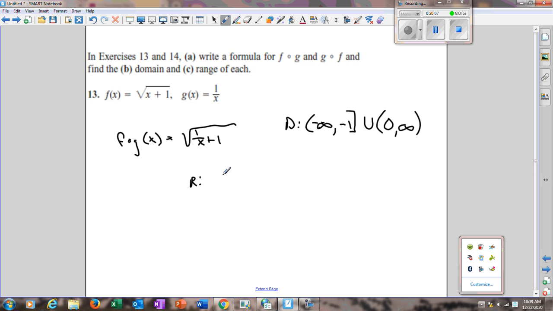And then also as x gets bigger, like 1 over 1,000, that's also going to give me 1. But you have to think about the numbers that are close to 0, like 1 over 0.01. Well, that would give me 100 plus 1, and then the square root of that. So my range is still going to be from 1 to infinity.